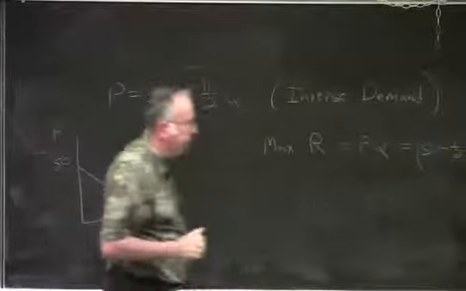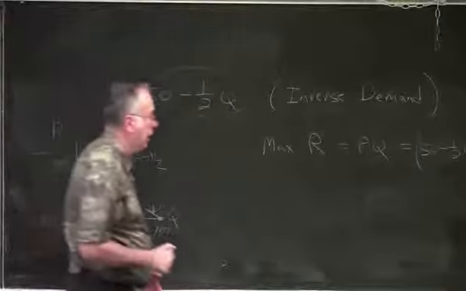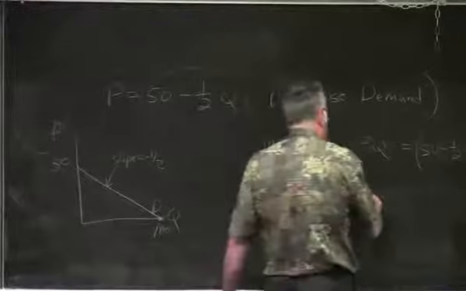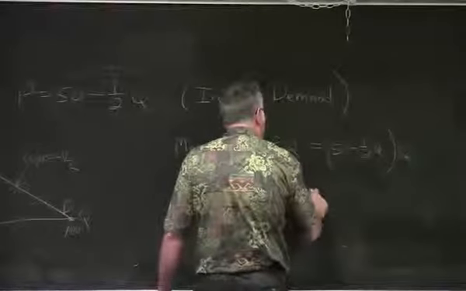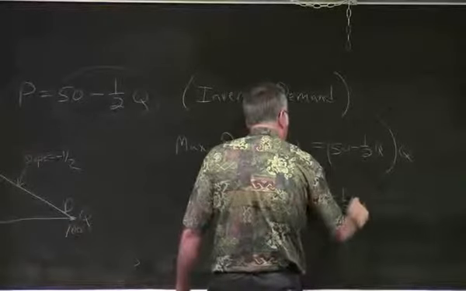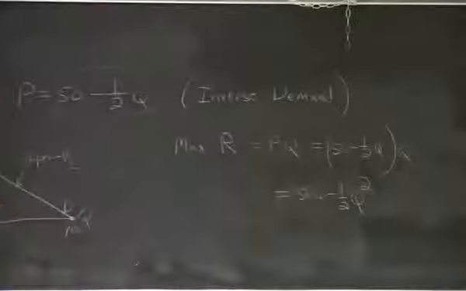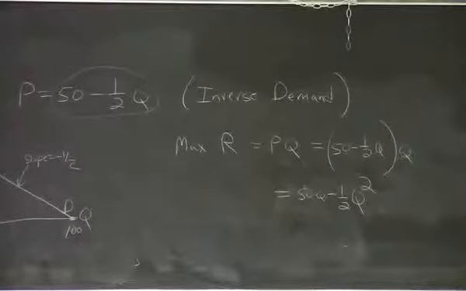Now we've got revenue expressed as a function of a single variable. Okay, and we can simplify this equation to be just 50Q minus 1/2 Q squared. Now we've got revenue expressed as a function of Q alone.